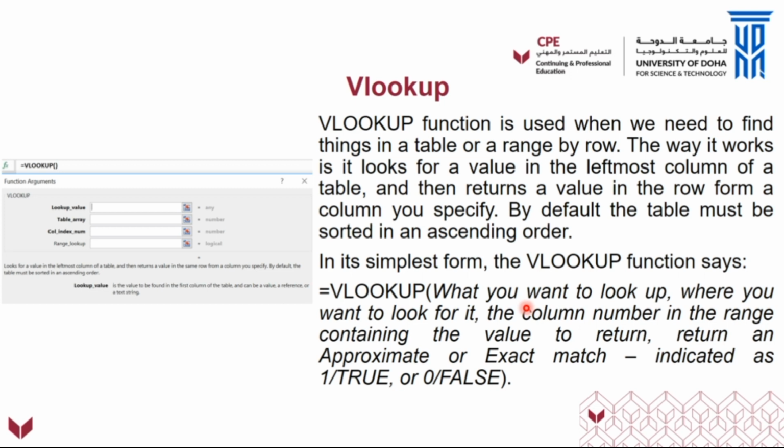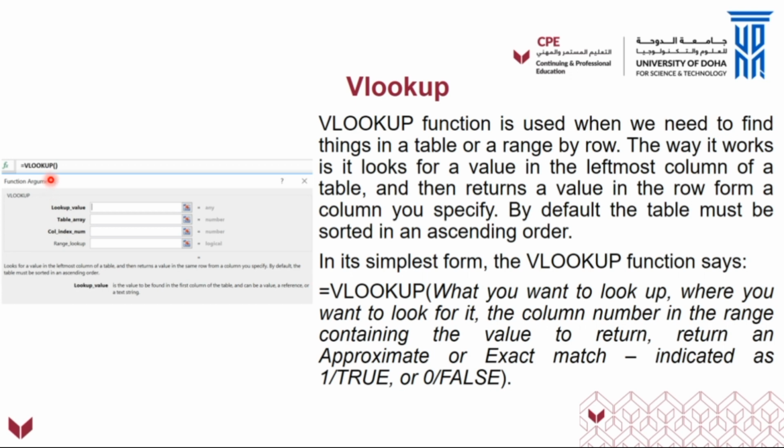So in that table, which column number's value will be returned back, and whether you want an exact or approximate match, where 1 is approximate and 0 is an exact match. So that's the syntax. We'll look at it again at the end to understand it more, maybe once we see an example and how it works, this will become easier.